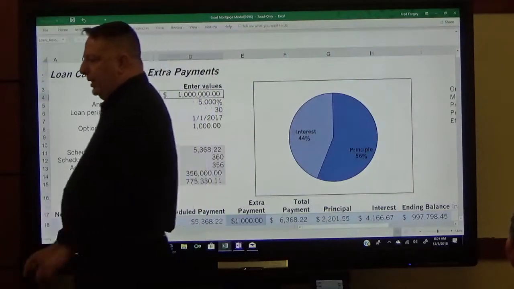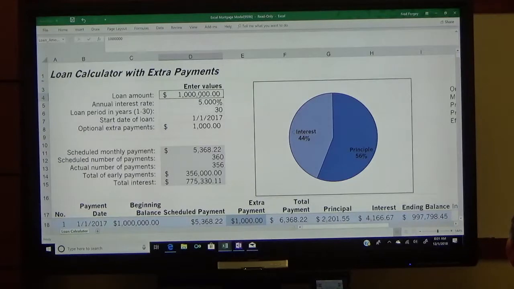So what we're going to start with is a model that is just a basic mortgage model, with a few of the little things added to it. Now you've taken this course, hopefully you have a pretty good understanding of how to calculate mortgage payments and prepayment penalties and all that sort of stuff.